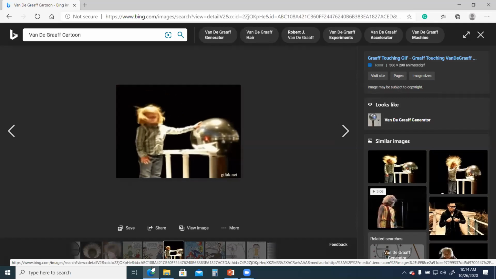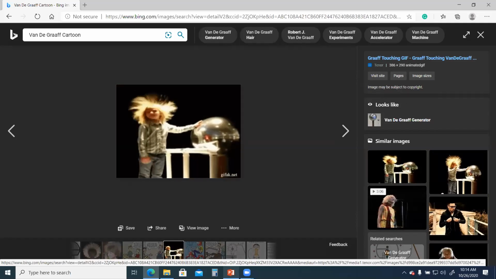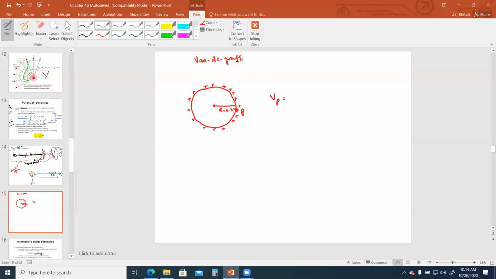How much voltage will flow through her body? So how will you calculate that? Vp will be equal to Q over 4 pi epsilon naught R. Say Q is 10 microcoulomb. So 10 into 10 to the power minus 6 divided by 4 pi epsilon naught, R is 0.3. You can calculate.